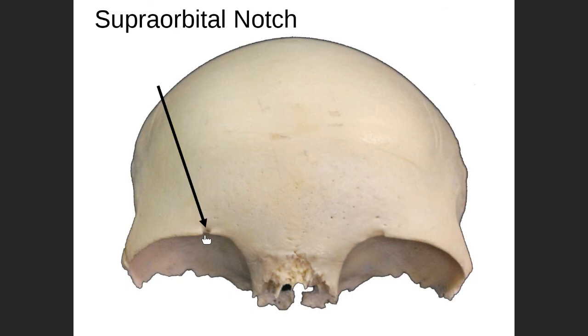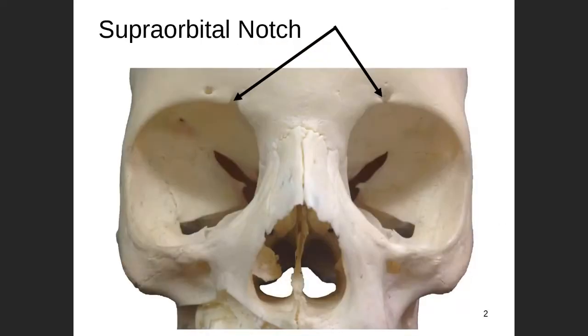And we have one over here. It's just not as good, but that's another supraorbital notch. I'll show you on this slide here. Here's a supraorbital notch. Here's another supraorbital notch. It's an incomplete circle.